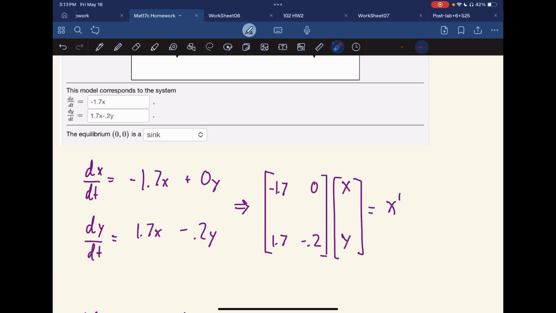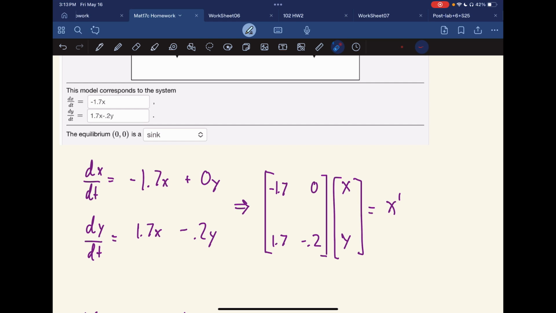You have your coefficients, and then obviously you have your x and y, and x and y make a dot product with each row. You have your matrix. It's pretty straightforward.